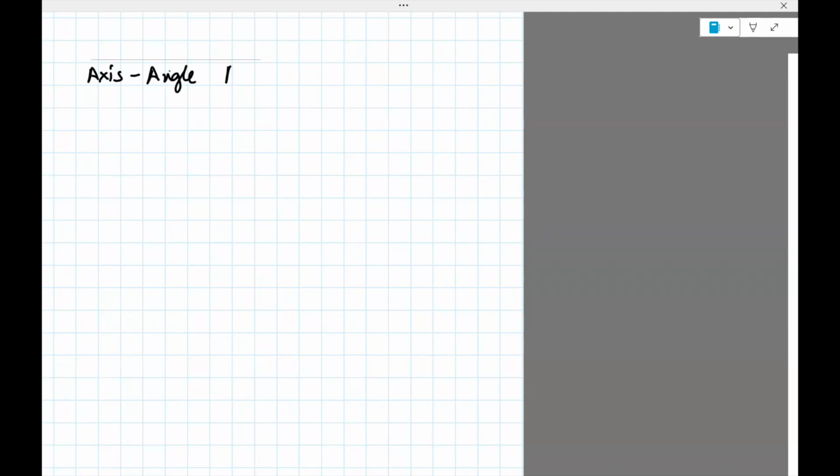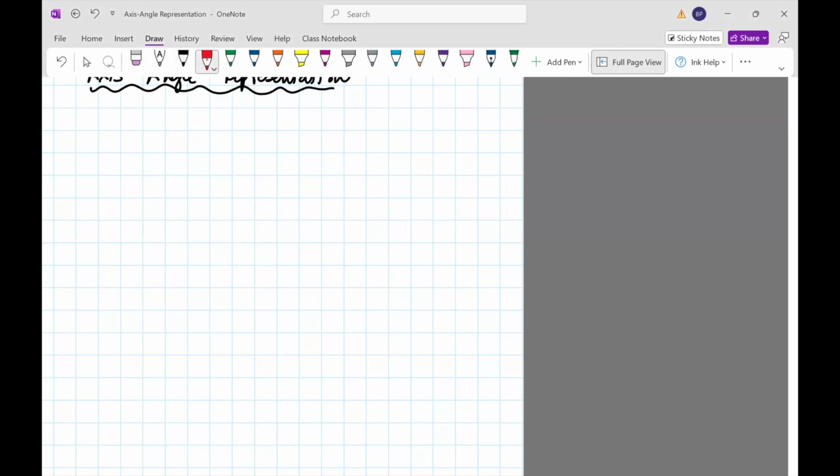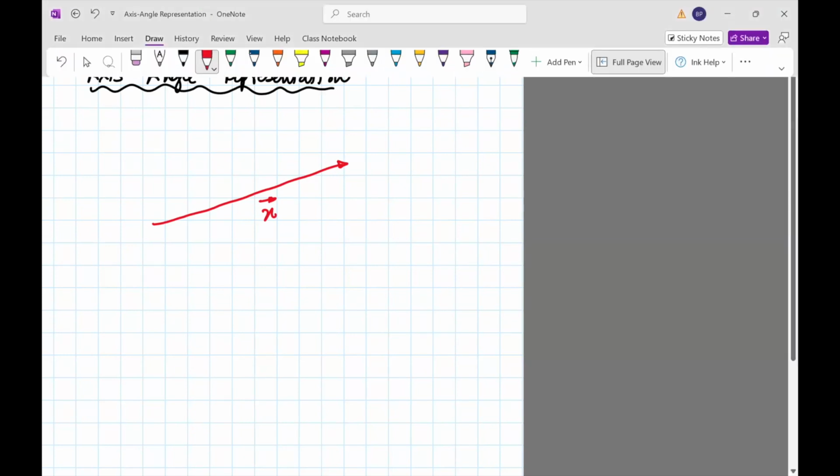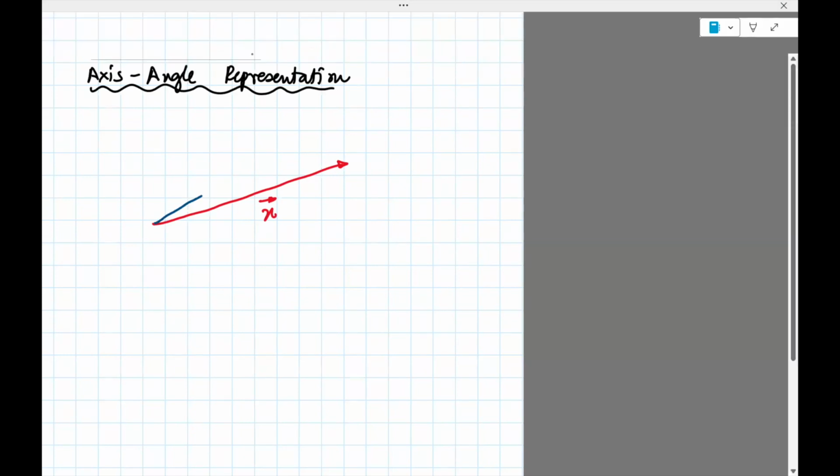Axis angle representation. Okay, so let's say that we have a vector x, and then we rotate it to x bar.